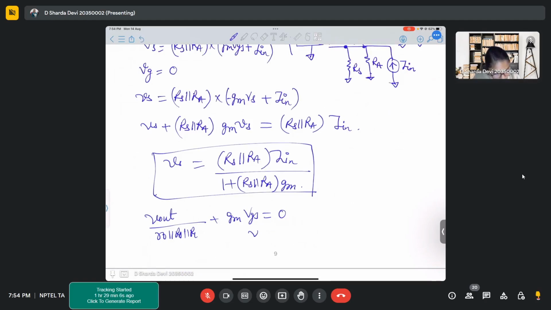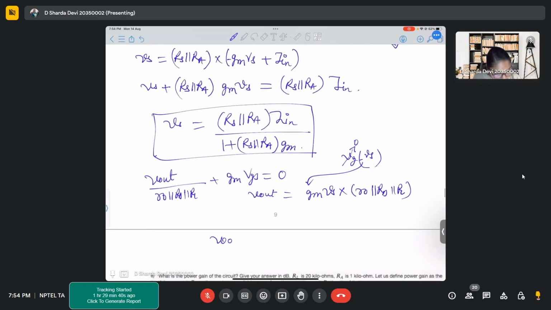So V out is equal to minus gm VGS into R naught parallel RD parallel RL. VGS is VG minus Vs; VG is 0, so it is minus Vs, and with the minus we get plus gm Vs. So V out is equal to gm into Vs, where Vs is RS parallel RA into IN by 1 plus RS parallel RA into gm, into R naught parallel RD parallel RL.